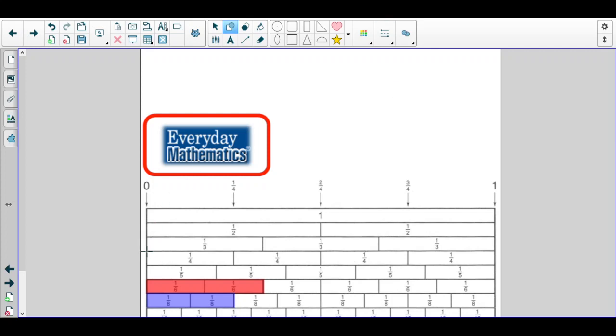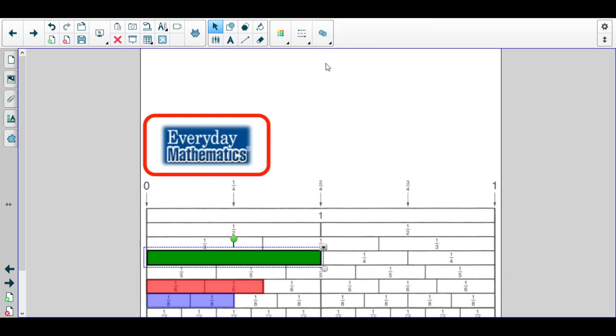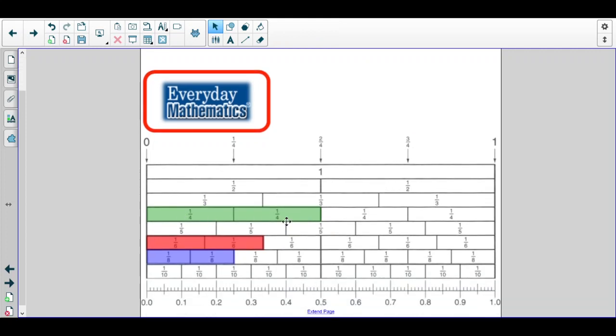So here's our fourths. There's 1/4, 2/4. Okay, so who climbed higher now? All right, our newcomer, Kara.